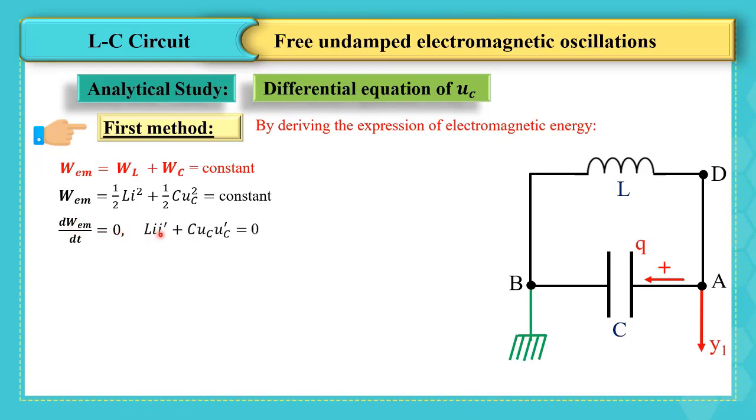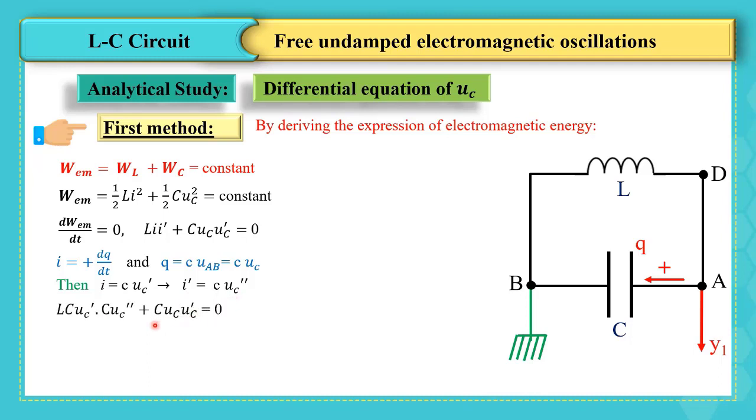So L i i prime plus C U_C U_C prime equals 0, and as we know i equal plus dQ by dt and Q equals C U_AB, which is equal to C U_C. So i will be equal to C U_C prime and i prime will be equal to C U_C double prime.